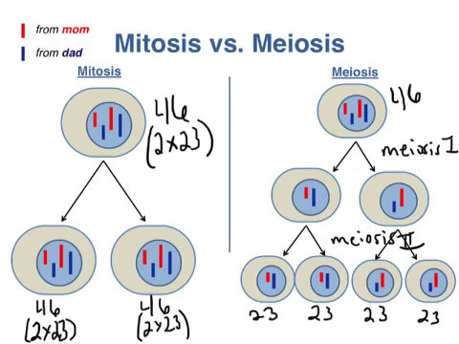So it's not just any random 23 chromosomes, it's 1 chromosome 1, 1 chromosome 2, 1 chromosome 3, 1 chromosome 4, 1 chromosome 5, etc. Actually, the chromosome number is halved by the end of meiosis 1. But we'll talk a little bit about the details of how that happens.